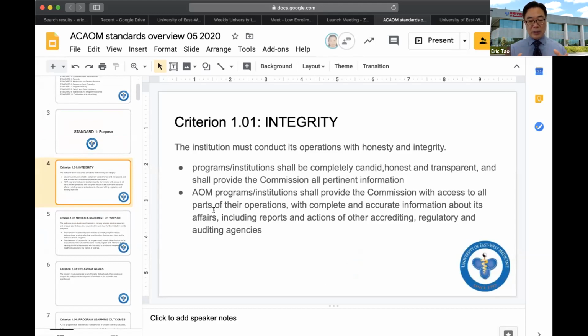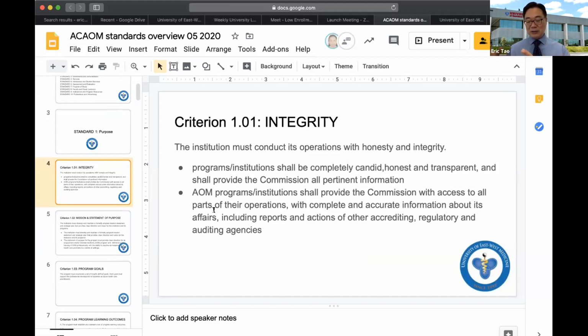So criteria 1.01. Each standard has criteria. Number one, although this kind of goes without saying, if you go to any government agency accreditation, they always emphasize the essence of accreditation is integrity. That means we do not lie, we do not hide.